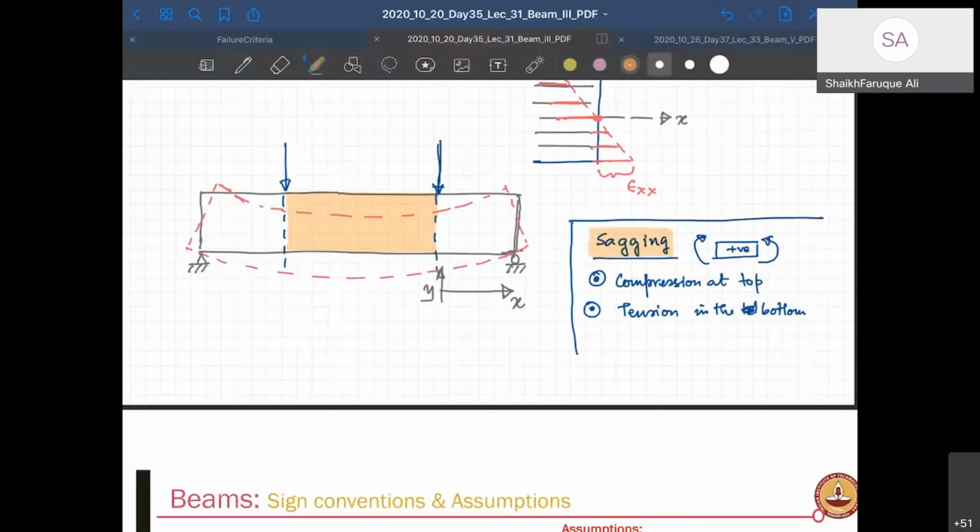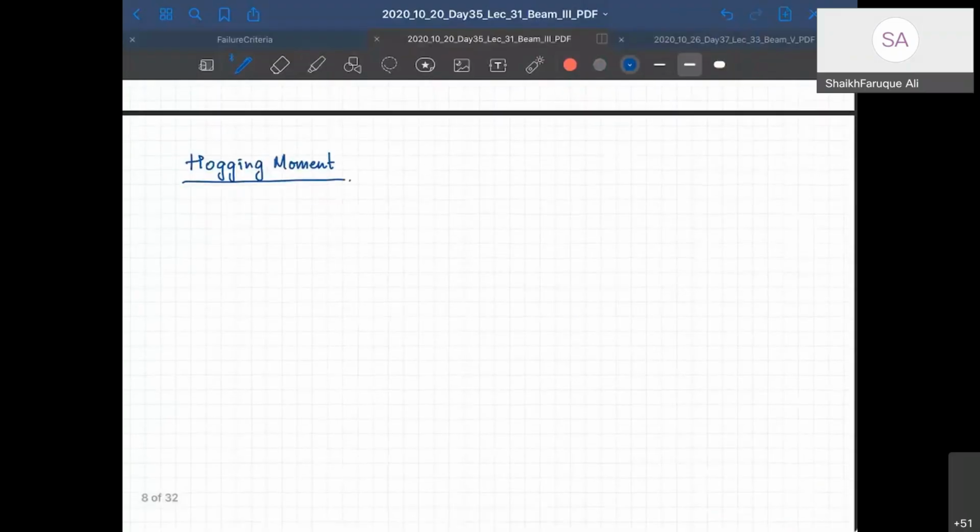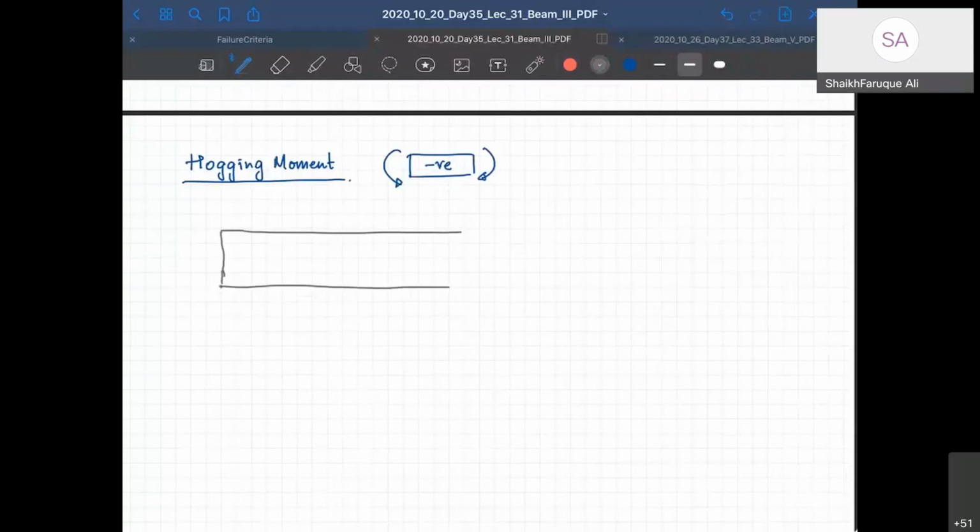Same thing will happen when you have a hogging moment. We call it hogging moment. Hogging moment means, as I said, this is going to be negative, right? So in that case, what is going to happen? You draw the beam again, but now your moments are acting like this. All right.